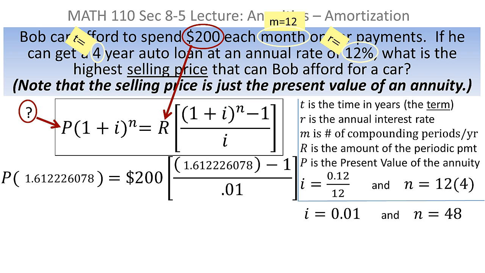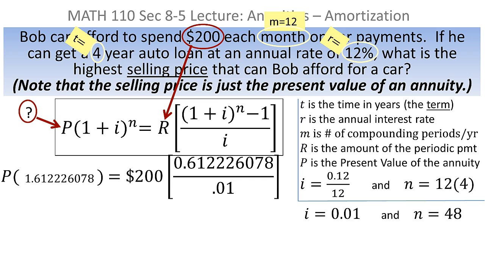So the highlighted value I want to subtract 1 from, and then divide it by 0.01. If I subtract 1, I get 0.612226078, and then if I divide that by 0.01, I get 61.2226078. Don't round these intermediate values off.